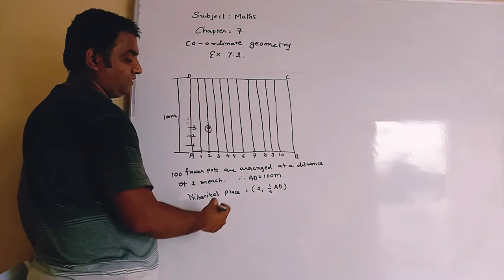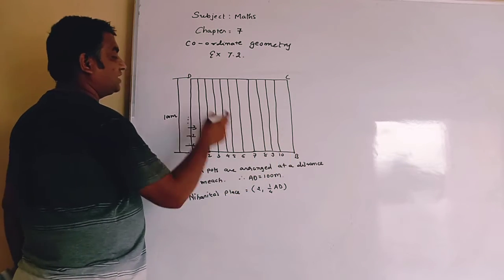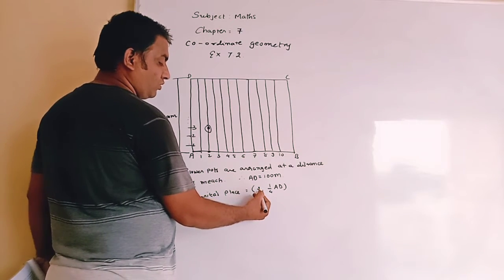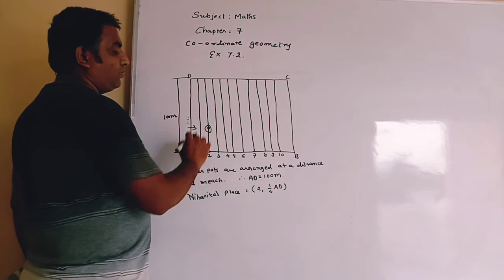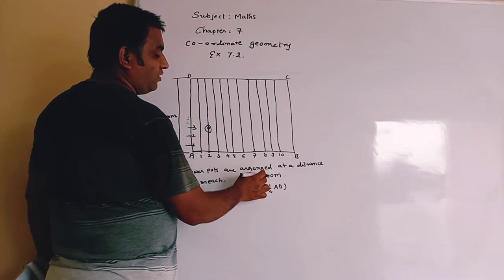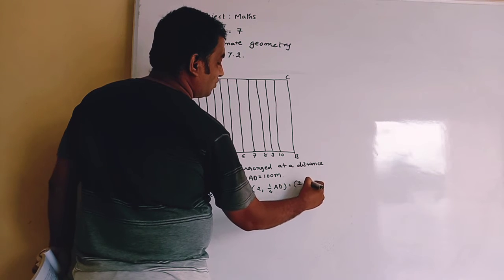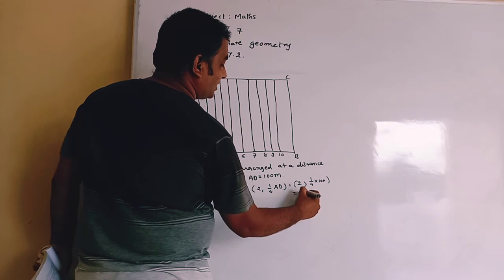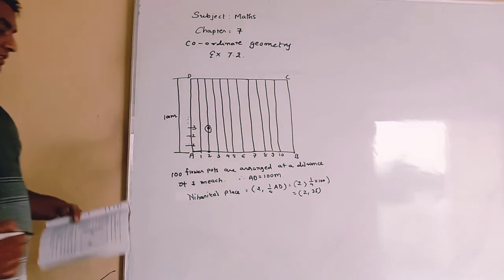Lane numbers are on the x-axis, and the AD distance we take on the y-axis. So x coordinate is 2 as she runs in the second lane, and y coordinate is 1/4 of AD. But AD is 100 meter, so 2 comma 1/4 into 100, and so Niharika's place will be (2, 25).